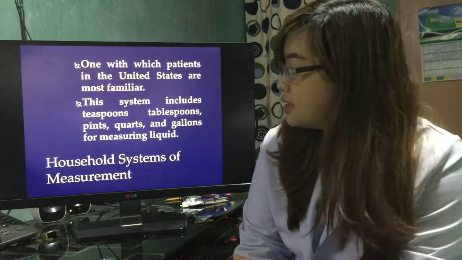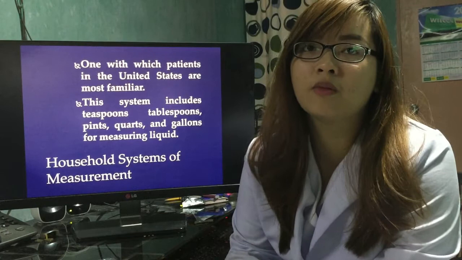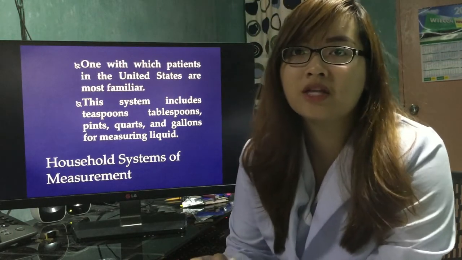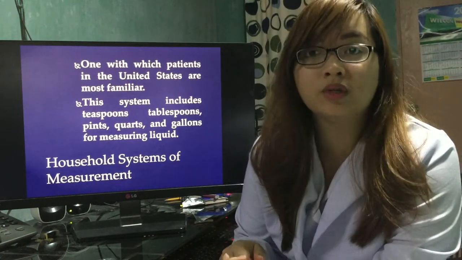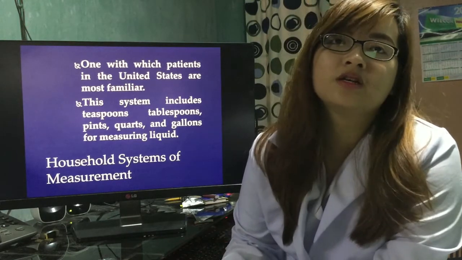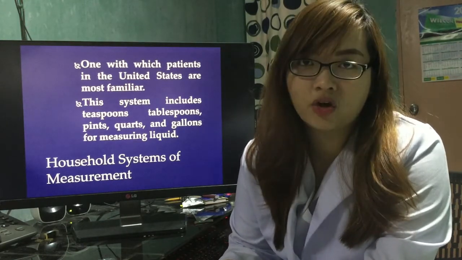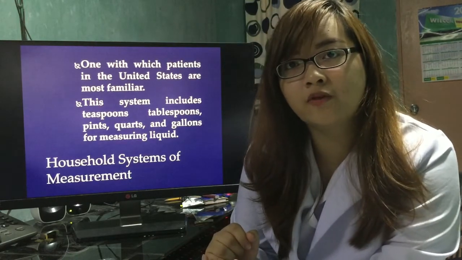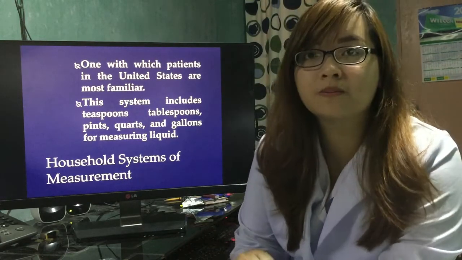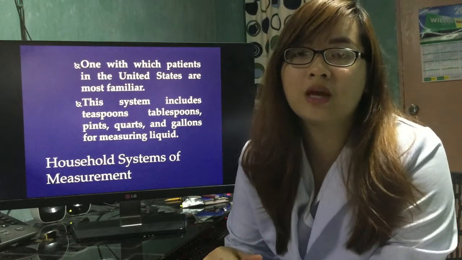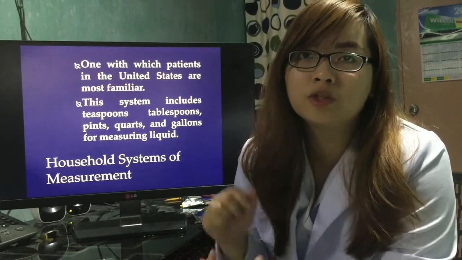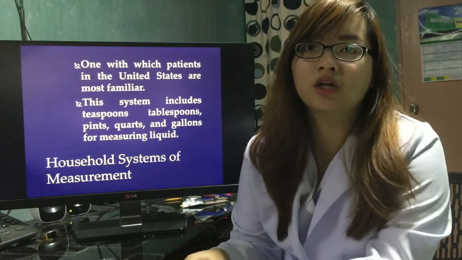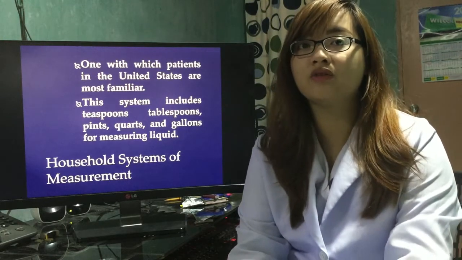It also uses a system of weights and measures based on 1 pound containing 16 fluid ounces. It lacks standardization but is calibrated in units, for example, teaspoons and cups. The drop, tablespoon, and teaspoon are the only household measures still used in pharmacology.